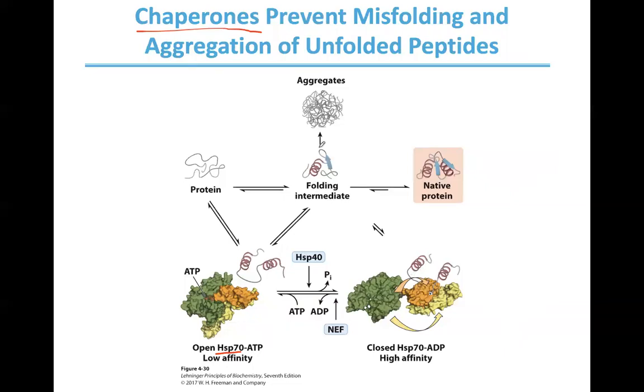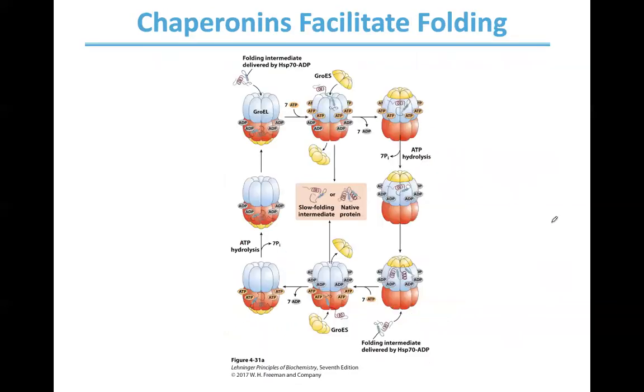So oftentimes there are several of them. So there's heat shock protein 70, there's heat shock protein 40. So actually you can look at this. This is figure 4.30. You can read the legend. It's pretty self-explanatory. Now there is another family of proteins known as chaperonins. So here is, you can read about them, figure 4.31.